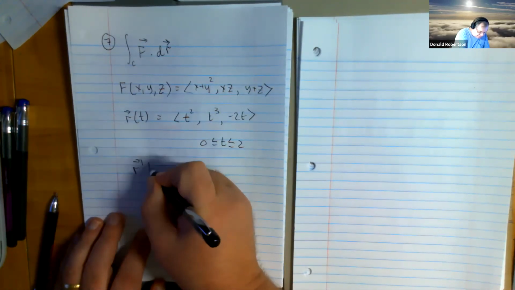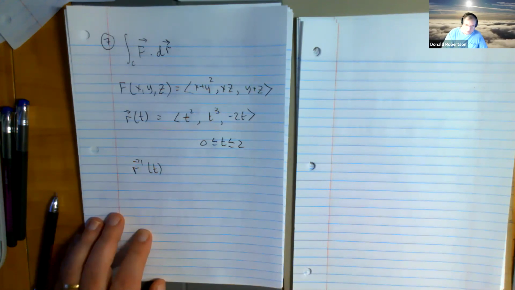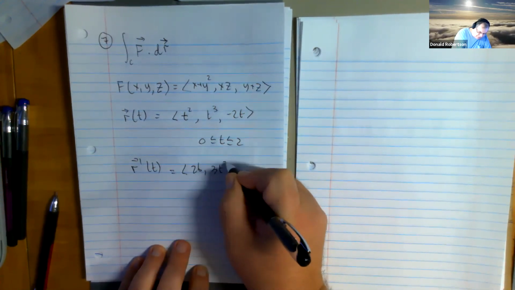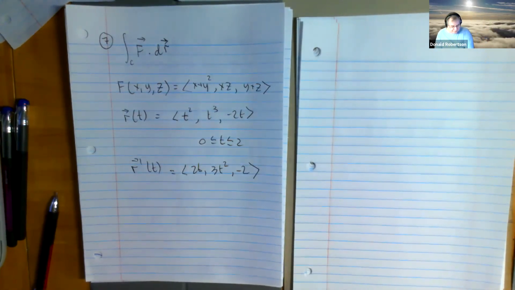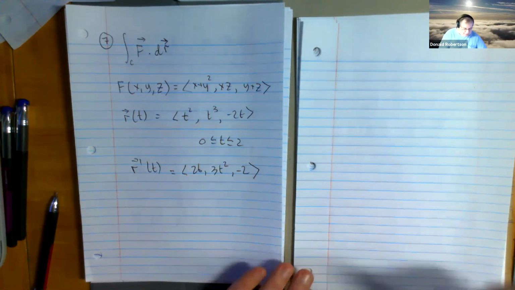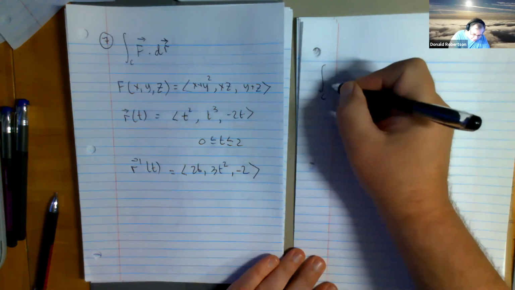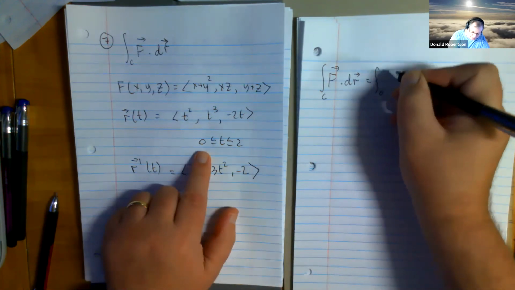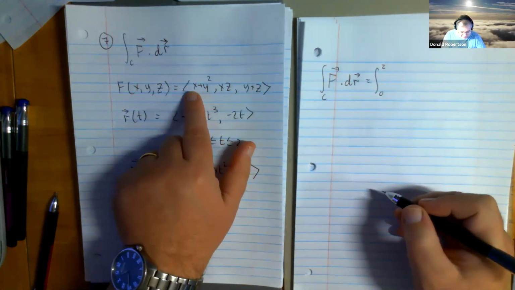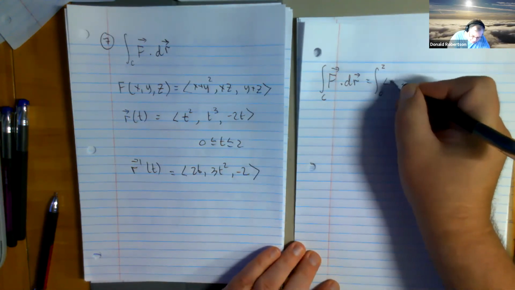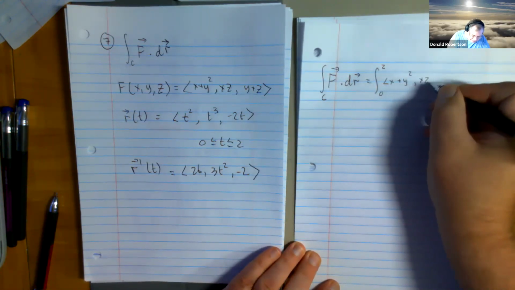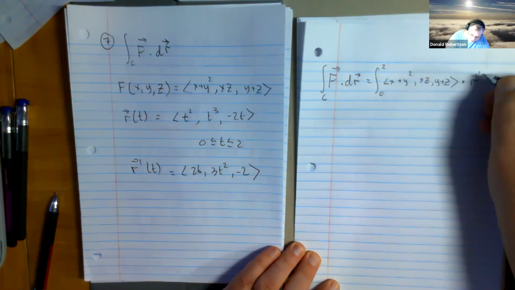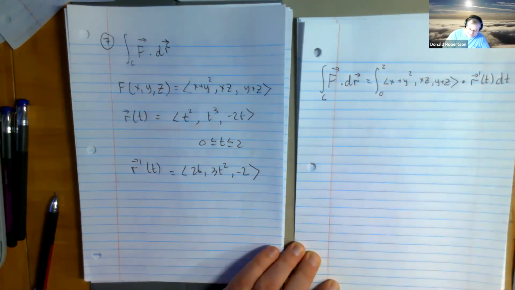Don't we need to find r dash t, because that's part of the thing that we need? Well, the derivative of this guy, I guess that is nicer. It's 2t, 3t squared, and the number negative 2. So the line integral of F dot dr is the integral from 0 to 2 of the dot product of x plus y squared, xz, y plus z, with the derivative function dt.